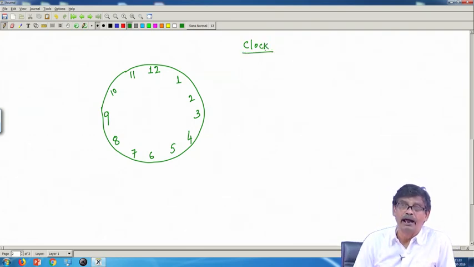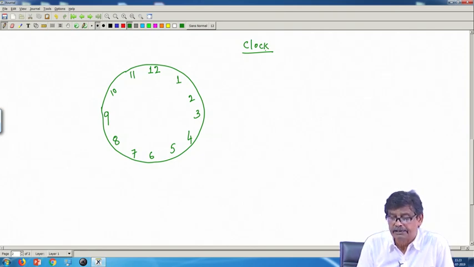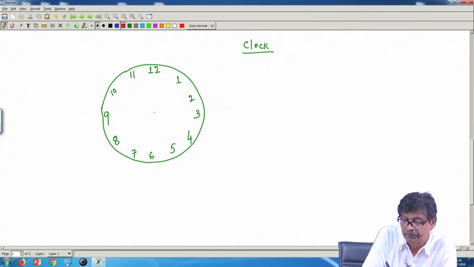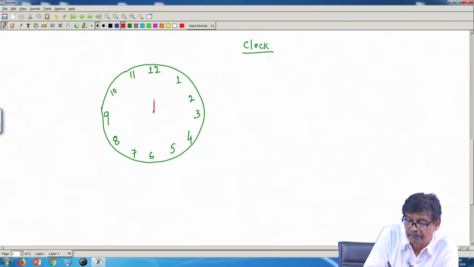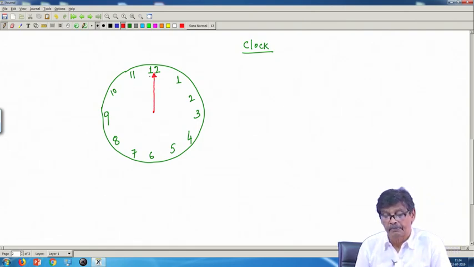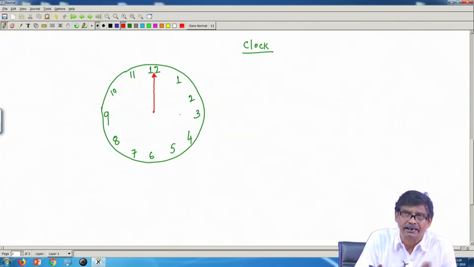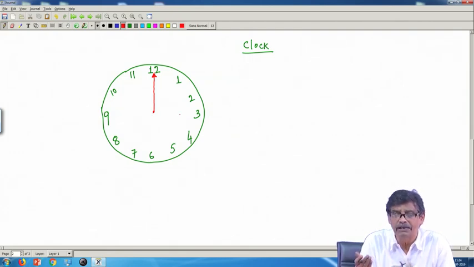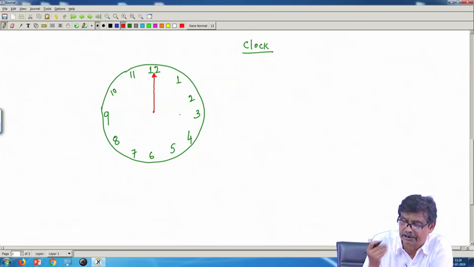And there will be two hands, hour hand and minute hand. Minute hand is longer. So, minute hand is, suppose, in the position of 12. Hour hand could be anywhere in our usual clock. I mean minute and hour hand both can be anywhere, and you get the time.